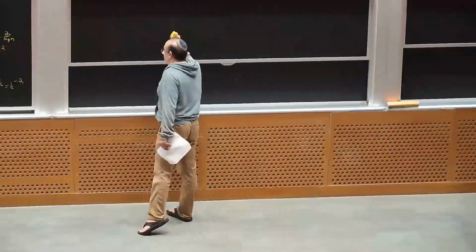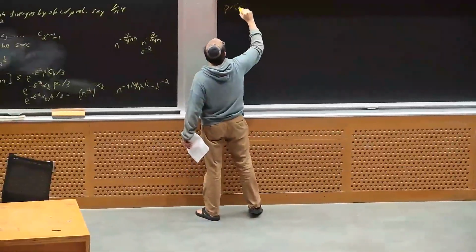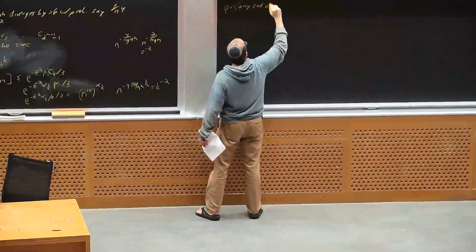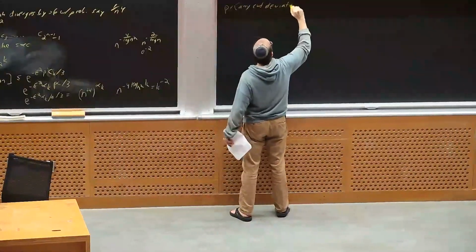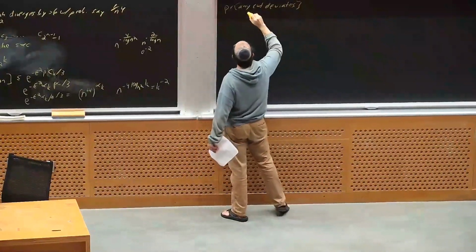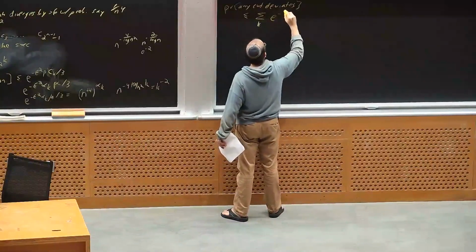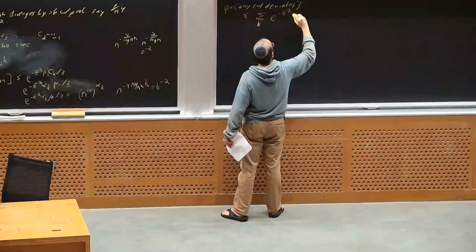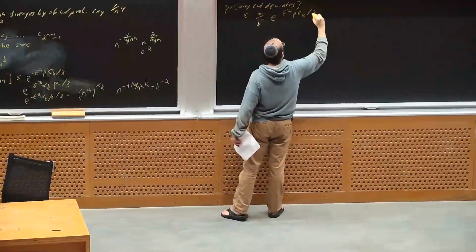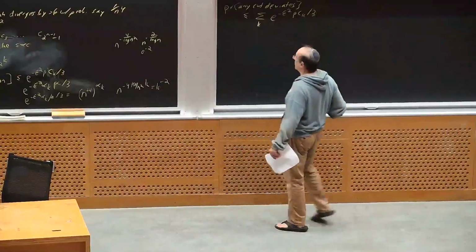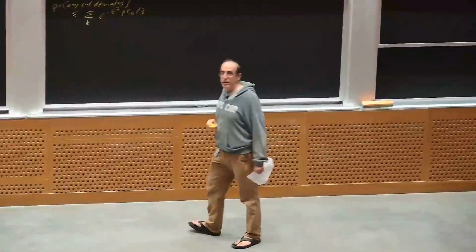All right. So now the probability that any cut deviates can be union bounded, right? It is at most the sum over all k of e to the minus epsilon squared pck over 3, right?